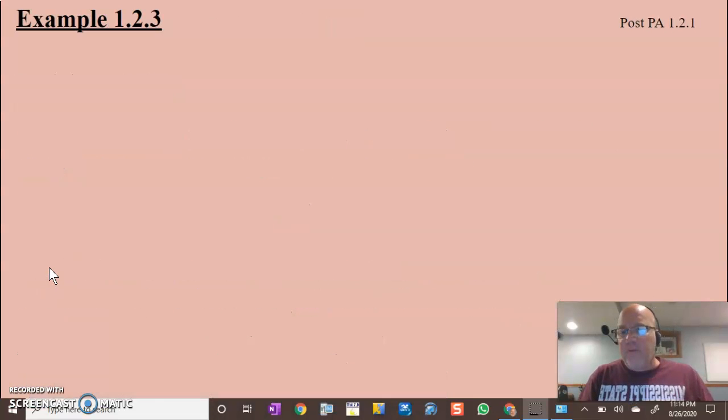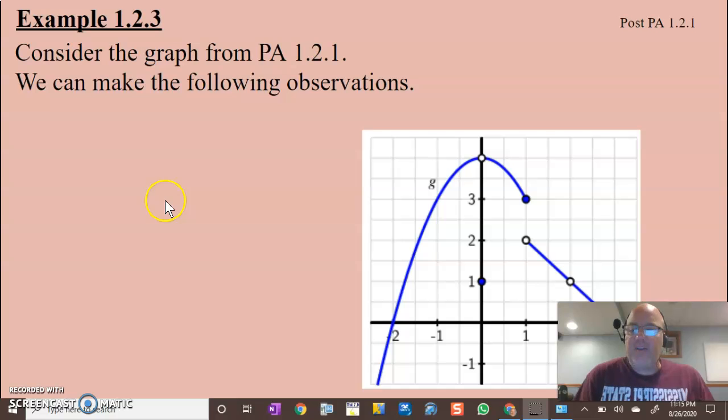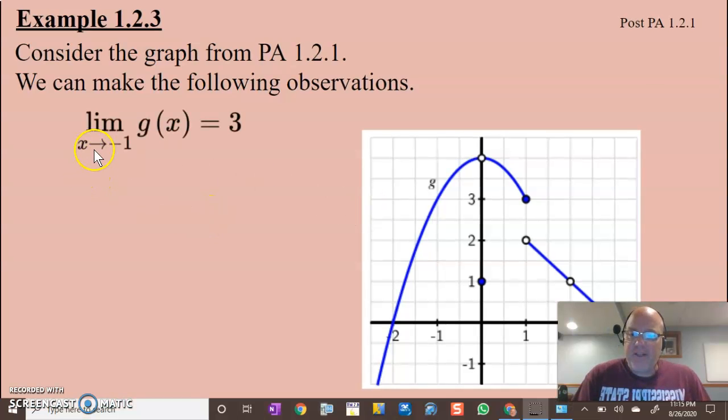Okay, so this is going to bring us to our first example of section 1.2. We're going to consider this graph from the preview activity, and we can make the following observations. Let's just make sure that we're all in agreement about this. The first observation says that the limit as x approaches -1 of g of x, there's our argument, is equal to 3.